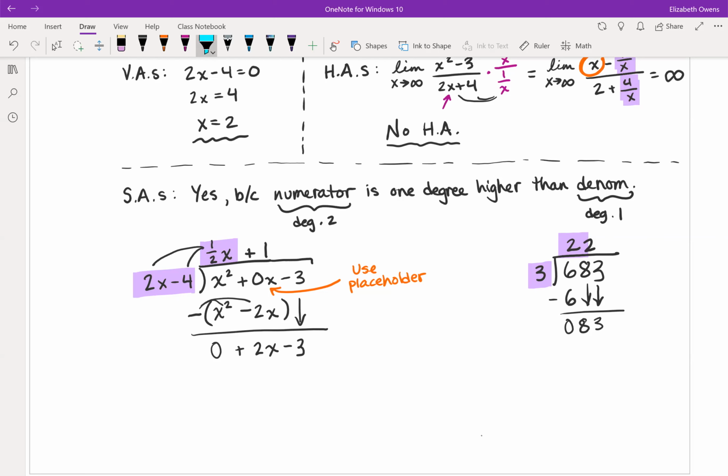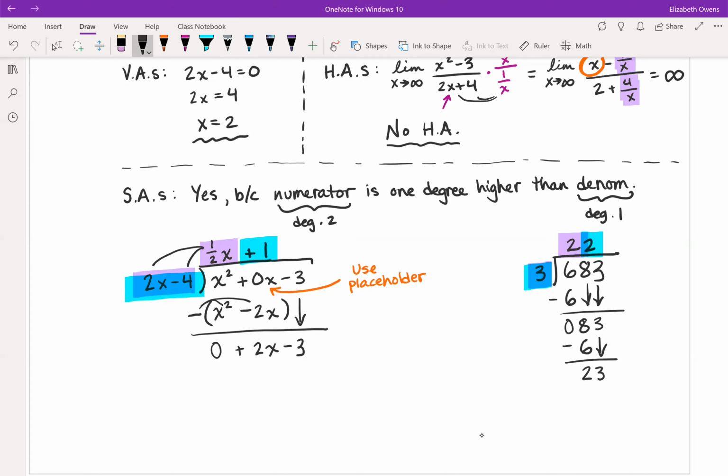And once you've done that, we're going to follow the same procedure. Multiply down. In the long division here, 2 times 3 would be 6. Subtract it off. We'd get 20 and then 2 and bring down the 3. And over here in our polynomials, we'd need to do 1 times 2x minus 4, right there.